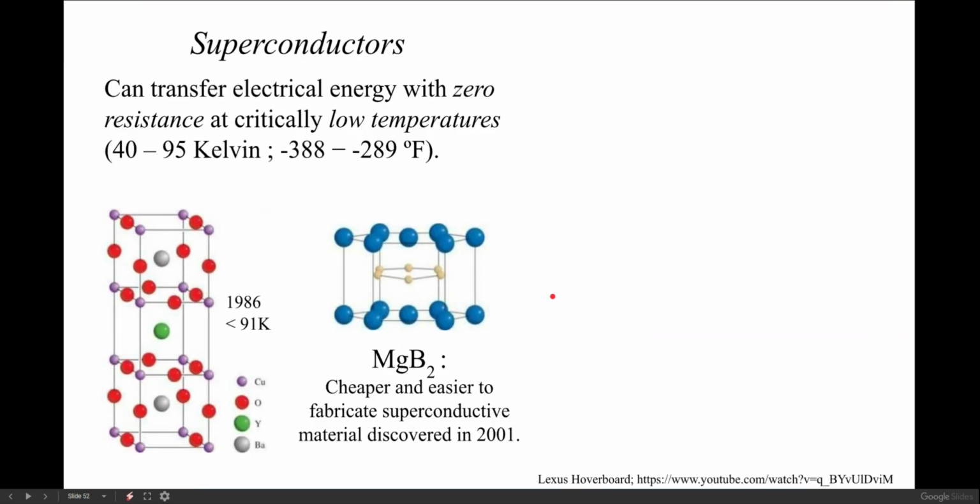Now, one neat application of certain types of crystals is that they are superconductive. We know conductive means it can transfer energy, but anytime you transfer energy, there's typically a loss. There are inefficiencies.